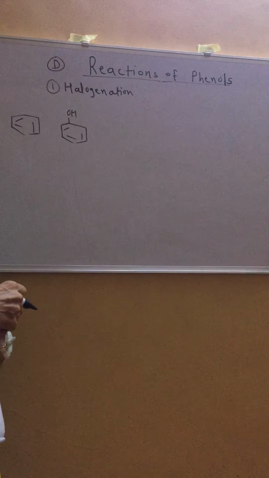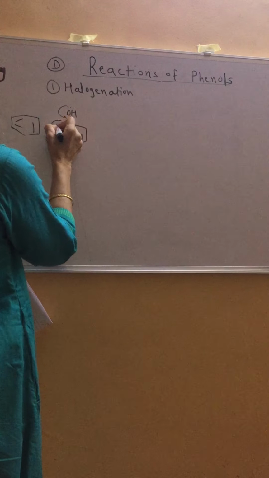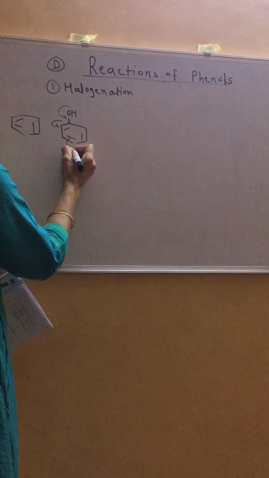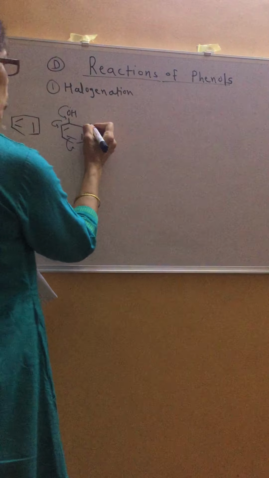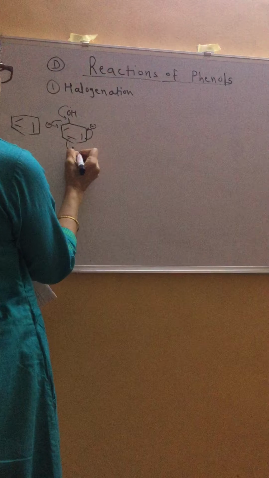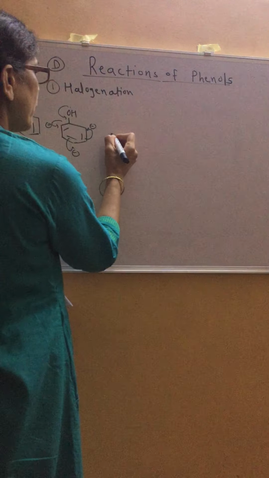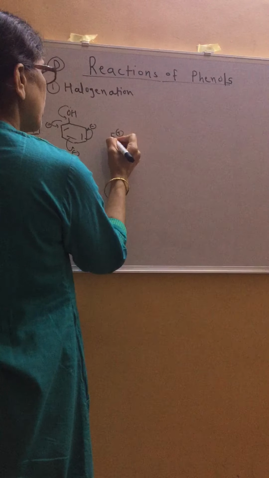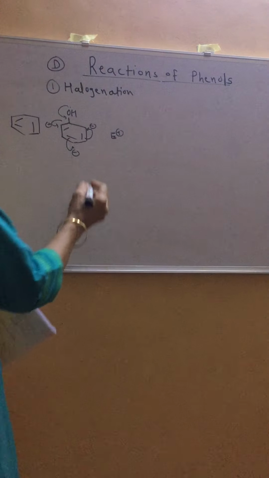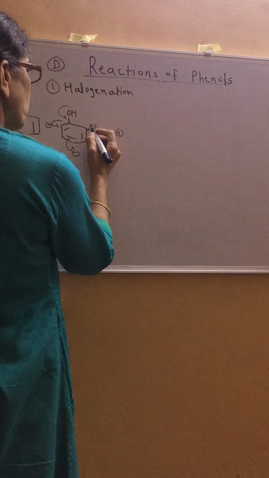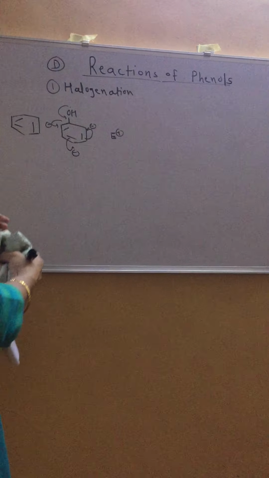We have written resonance structures of phenol, in which we have seen that phenol increases the electron density in the benzene ring at ortho and para positions, and therefore the electrophile, the electron loving reagent, which is positively charged, will take positions at ortho and para positions.